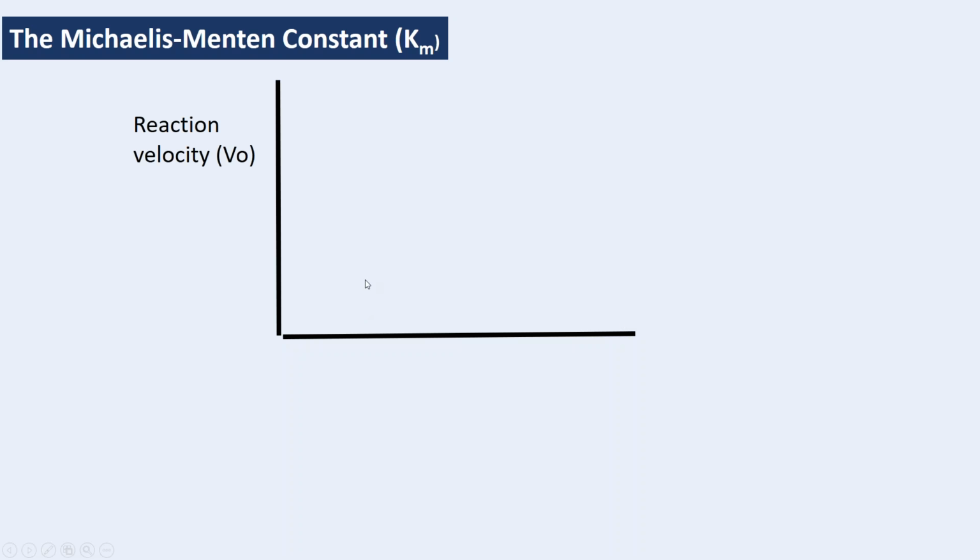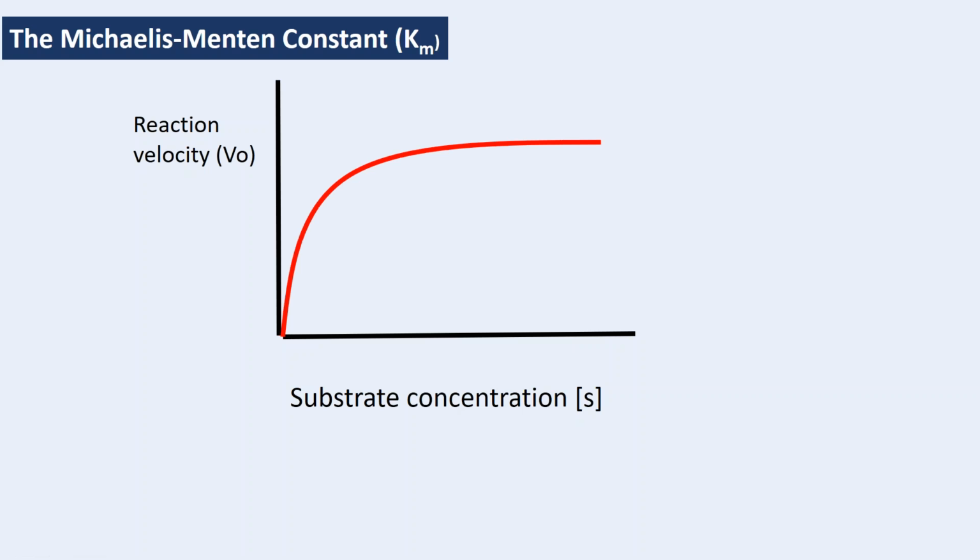Let's talk about a little more detail on the Michaelis-Menten constant. This can be explained by a Michaelis-Menten plot. Here on the y-axis is the enzyme activity or reaction velocity, and the x-axis is the substrate concentration, or you can say drug concentration.